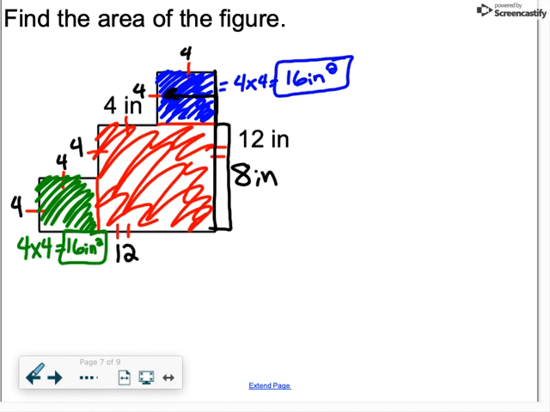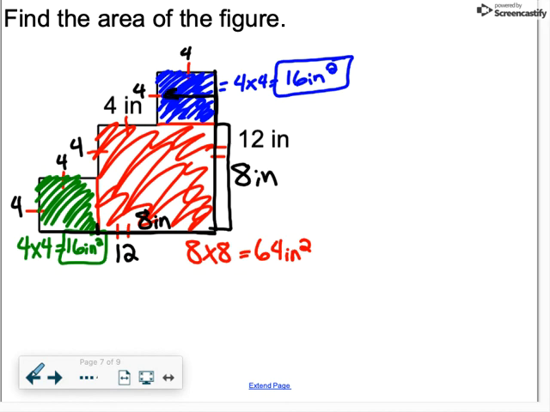And now we can use that same idea down on the bottom here. This whole thing is 12. We already used 4 inches of it, so that means this part is only 8 inches as well. So now we have an 8 by 8 square. So we multiply those two together, find that to be 64 inches squared.